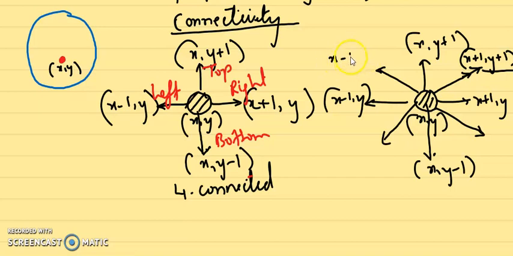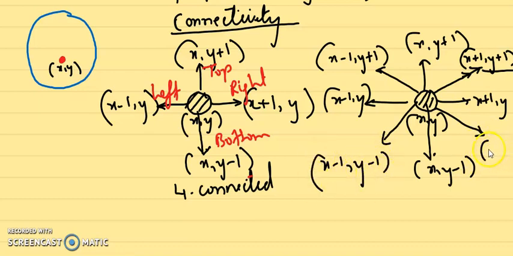So x will decrement but y will increment. And what is this? X to the left and y to the bottom. So x minus 1, y minus 1. And then what is this pixel? This is moving towards the right and moving towards the bottom. So x plus 1 comma y minus 1.